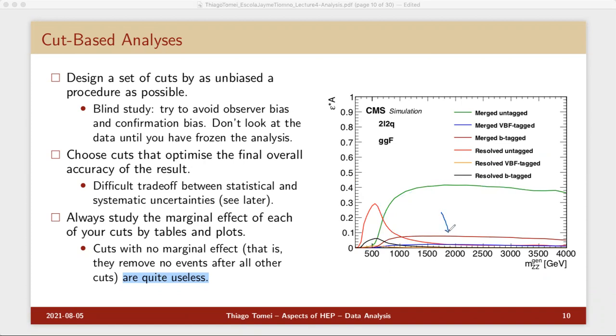All of these others, like merged b-tagged, resolved b-tagged, are additional sets of cuts that represent corner cases. And then you want to analyze all of the data sets separated by each of these cuts separately and do a statistical combination in the end.